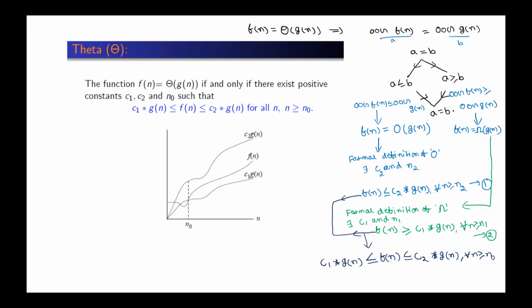Yes, sir. We can even take this as maximum of n1 comma n2, whether it will be true or not. Sure, it is minimum of n1 comma n2, I think. If it is true for minimum, automatically it will be true for maximum, no, madam?